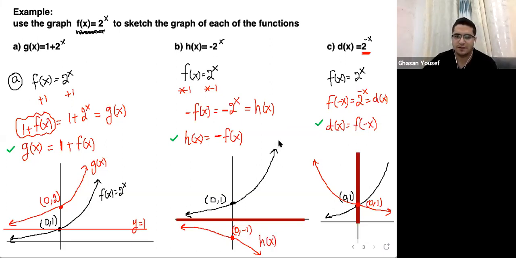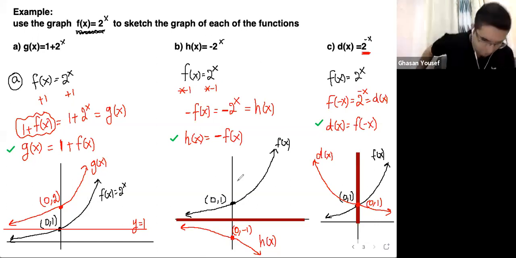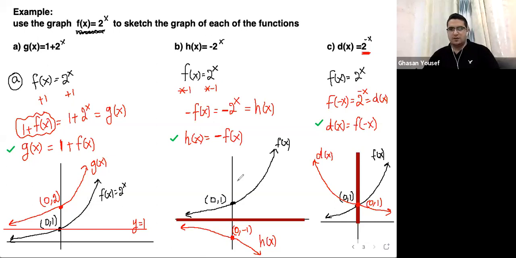This is very important to show me you graphed the correct function. So this is f of x, the red one is d of x. Okay, any question? No questions? Okay.